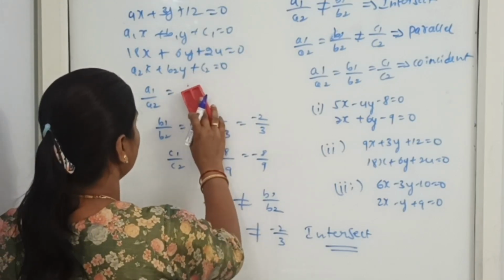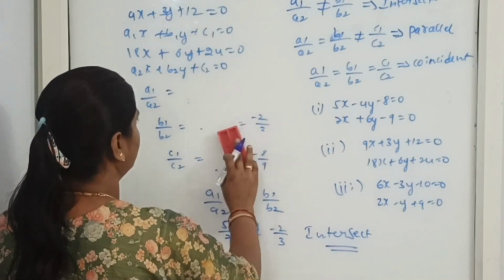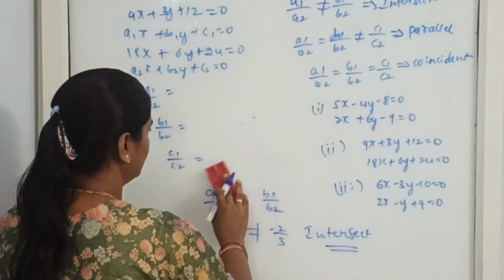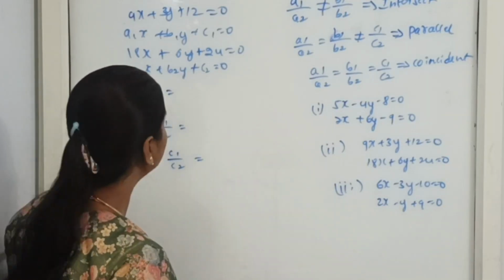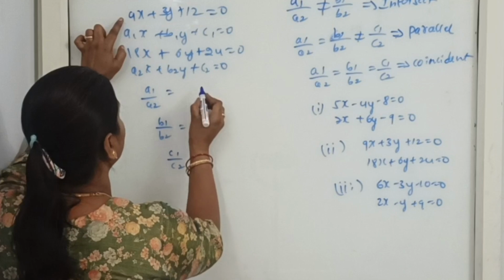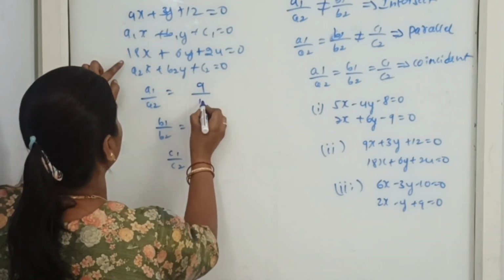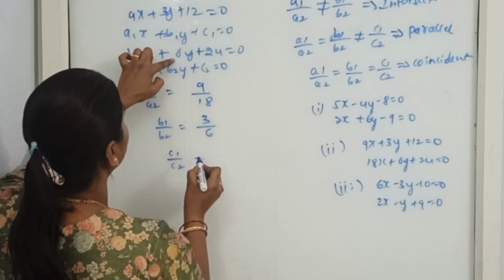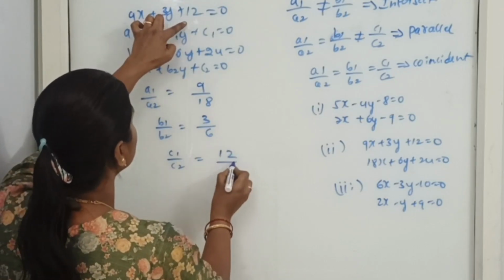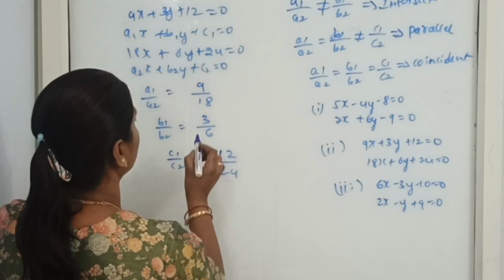Okay, let's compare this. A1 is 9 and A2 is 18. B1 is 3, B2 is 6, C1 is 12 and C2 is 24.